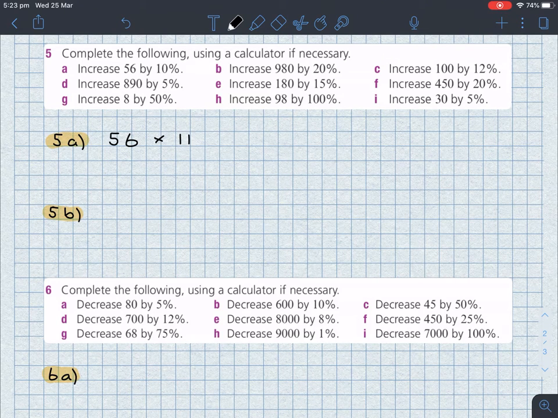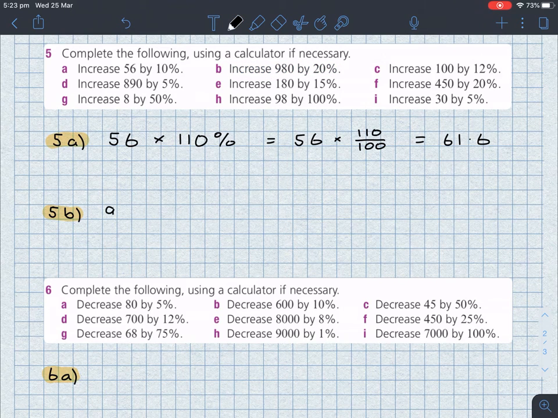So I'm actually timesing by 110%. The way I write that in my calculator is 56 times by 110 out of 100, because a percentage means a fraction out of 100. When I type that in my calculator, I get 61.6.